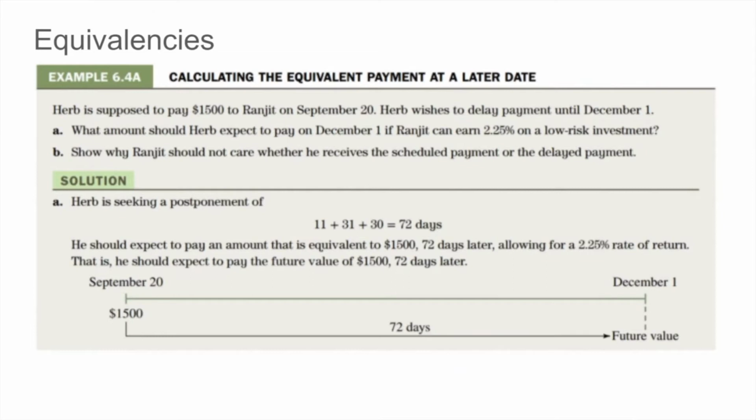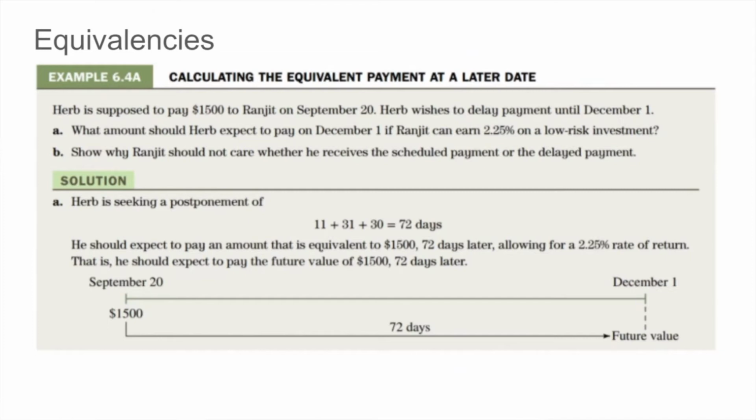So we do our days counting that we've seen, and based on the counting table that I showed you earlier, it comes to 72 days. So we have 72 days of difference between a payment on September 20th and a payment on December 1st. We know that the interest rate is 2.25%.